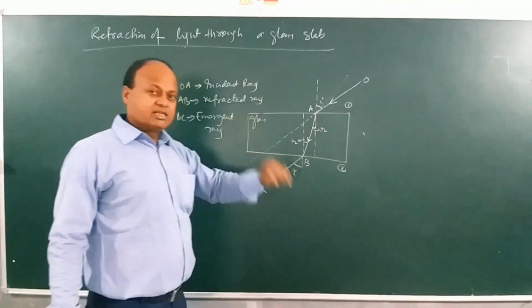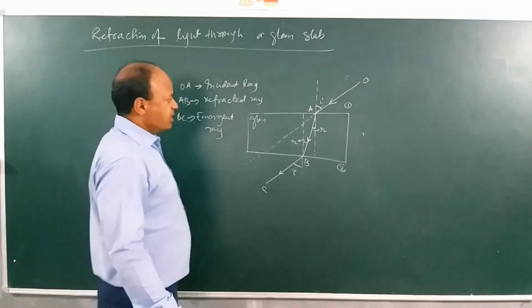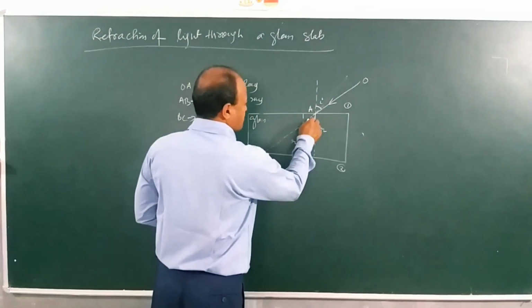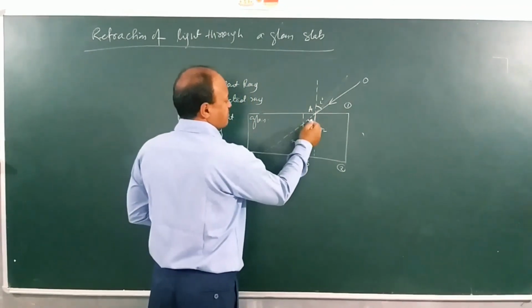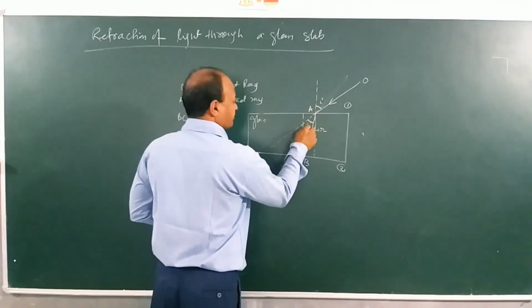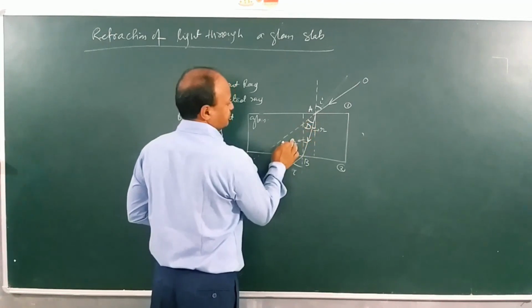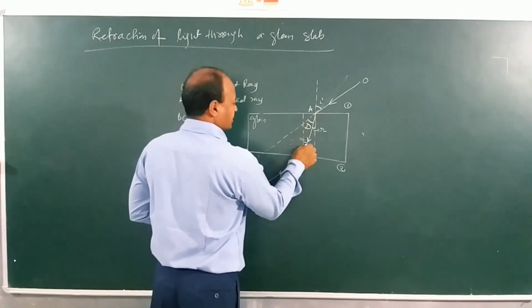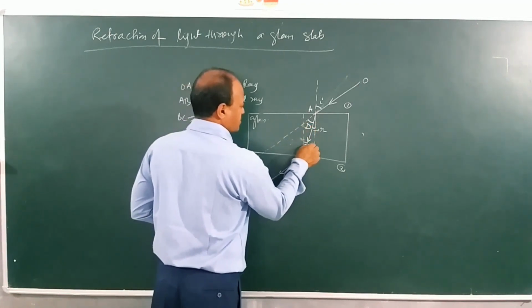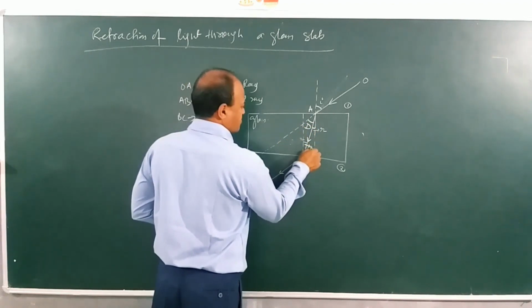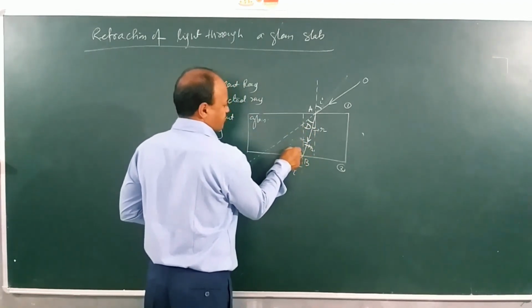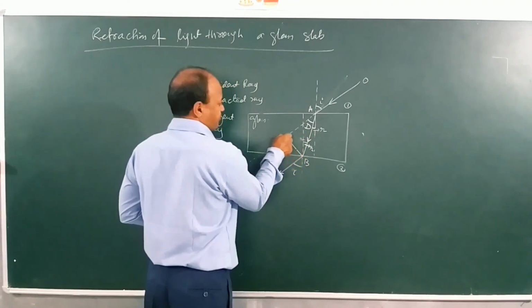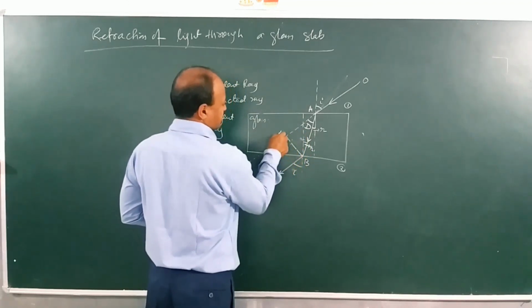There is another term that we use. This angle which you see, this is the angle of deviation, D. I'll mark it this side. It will be easy for me. From here I drop a perpendicular. Suppose this perpendicular is BD.